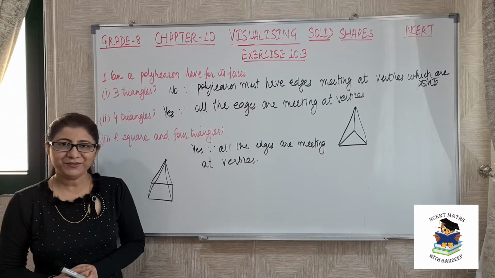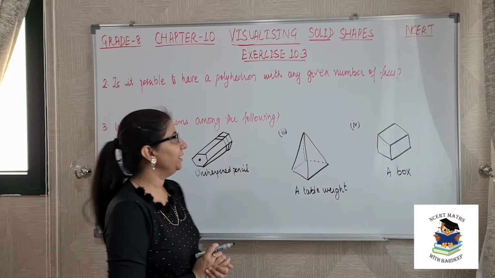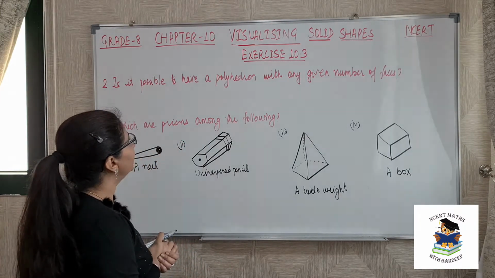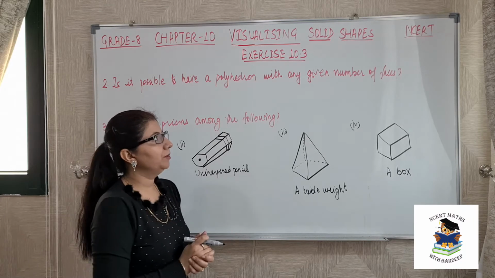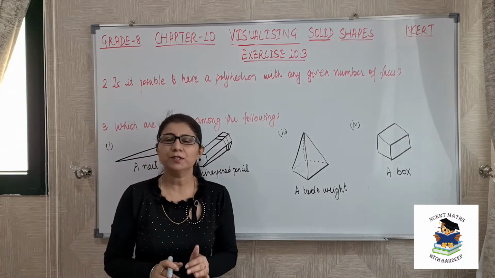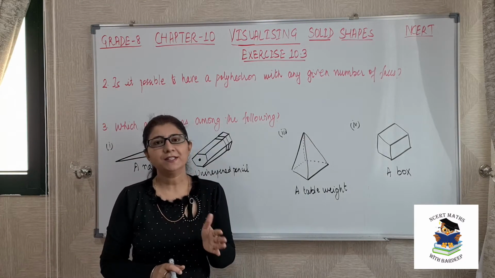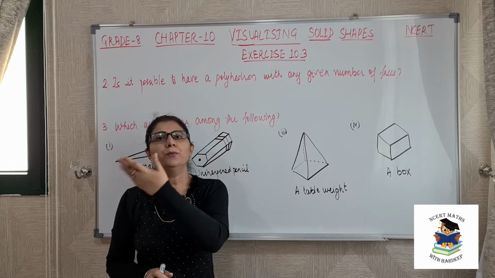Now let's see the second one. So the second question is, is it possible to have a polyhedron with any given number of faces? Yes, this is possible if the number of faces is 4 or more than that.